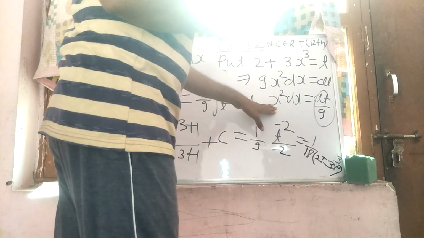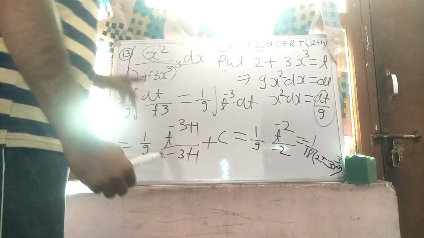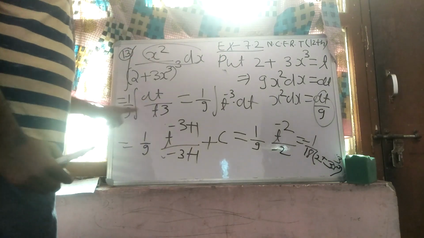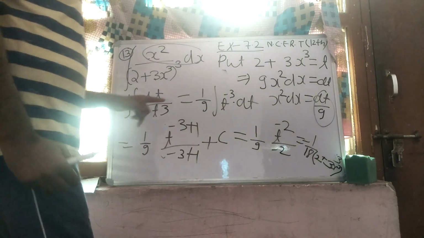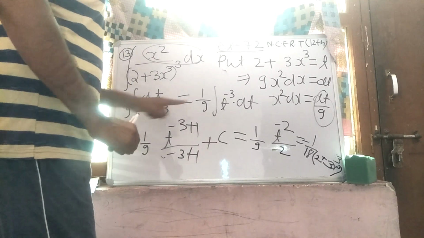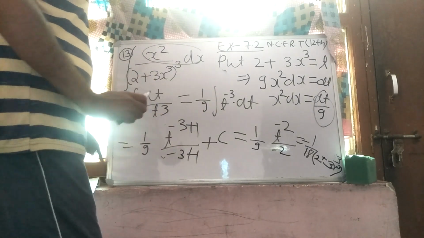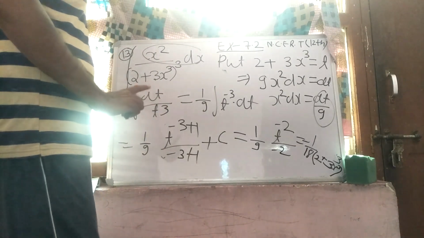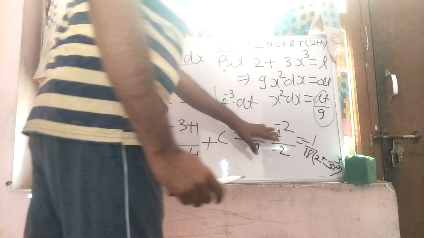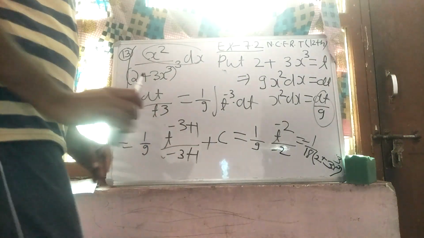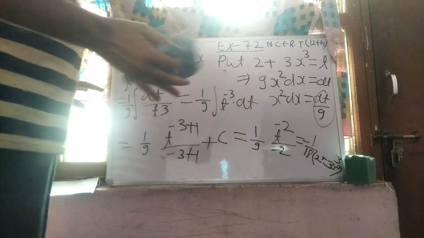So we find x square dx equals dt upon 9, with t to the power 3 in the denominator. This is in algebraic form: t to the power minus 3 plus 1 upon minus 3 plus 1, and 1 upon 9 t to the power minus 2 upon minus 2. Then finally we put back the value of t, 2 plus 3x to the power 3. This is the complete solution.